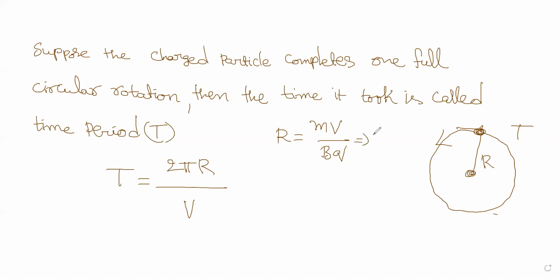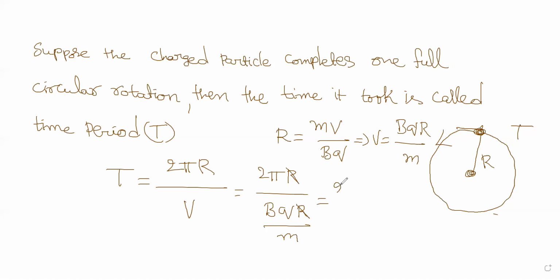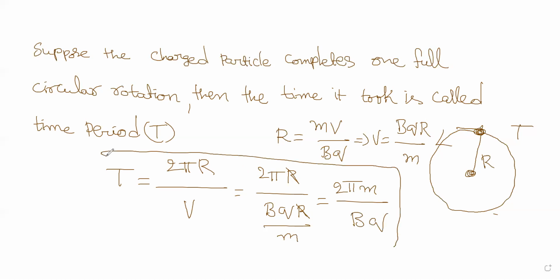So v is equal to bqr divided by m. Plug that in: 2 pi r divided by bqr over m. Cancel r, so you get 2 pi m divided by bq. This is the time period of rotation of the charged particle.